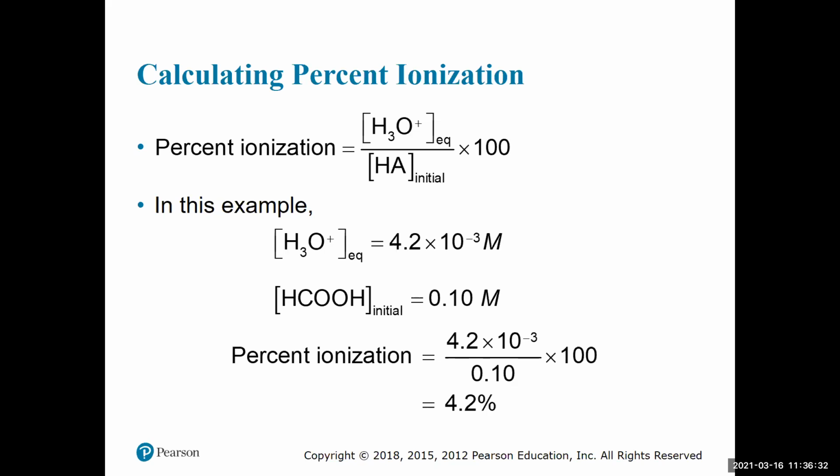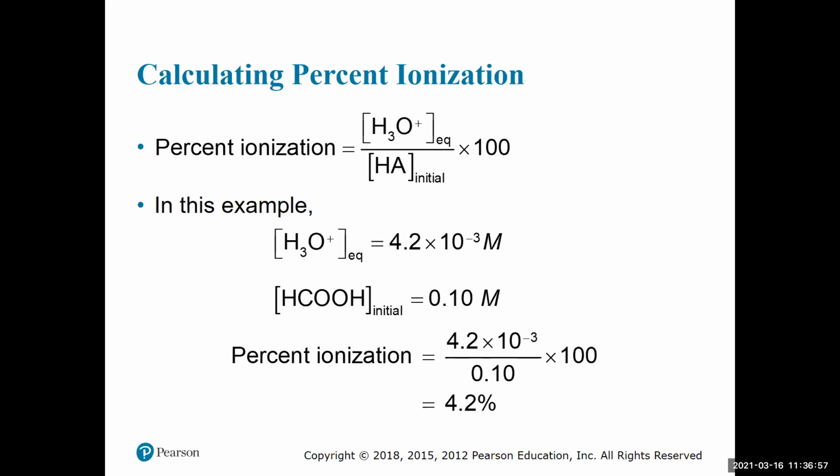And so what that calculation is, it's the proton concentration, the H+ concentration at equilibrium, divided by the initial acid concentration. So for the problem we just worked, we know that our initial acid concentration was 0.1 molar. So that goes in our denominator.